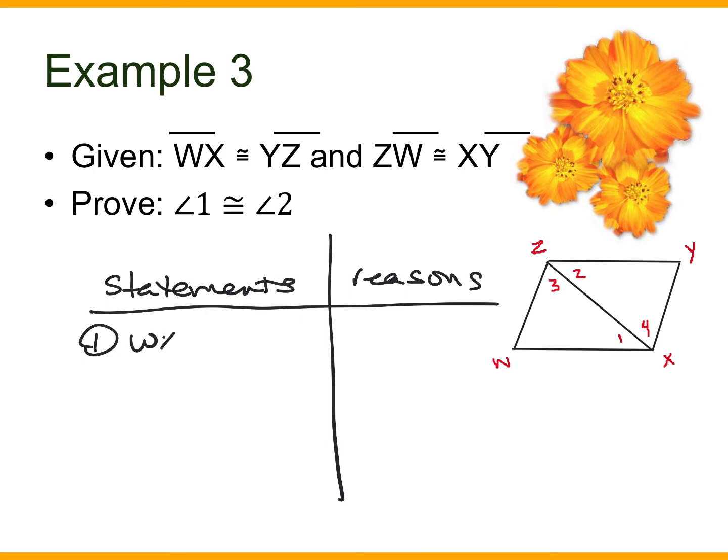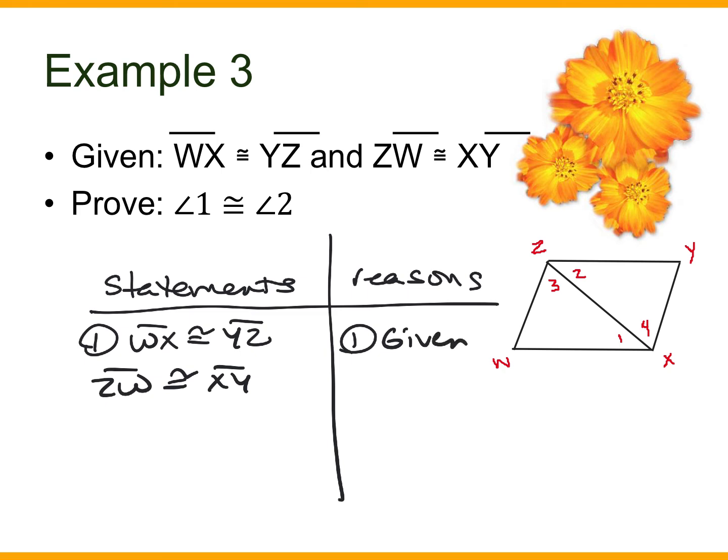So WX is congruent to YZ and ZW is congruent to XY, and that's given. And I'm going to label my picture.